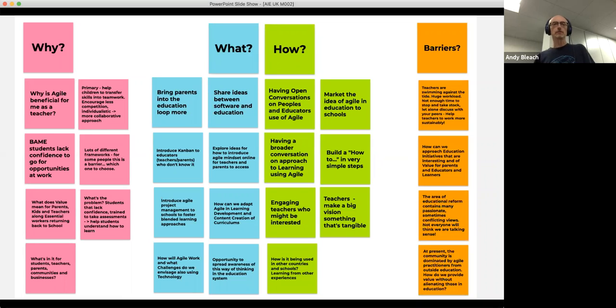And one thing which I wasn't particularly expecting myself was this idea of including parents in this mission. And I think obviously with COVID, that's perhaps quite an interesting angle, that a lot of parents have been dragged into the homeschooling mindset, and these sorts of progressive agile ideas can be helpful to them as well.